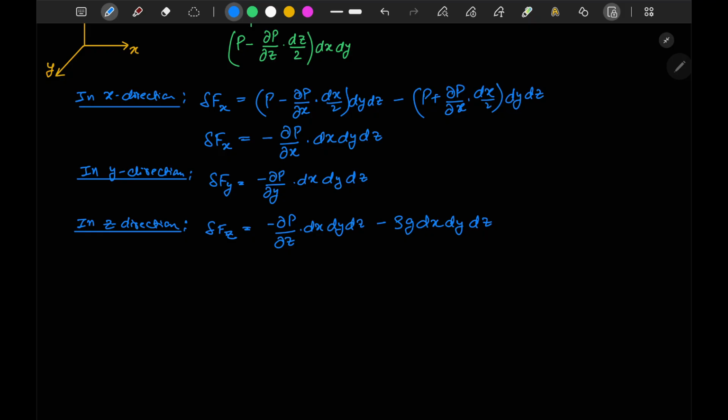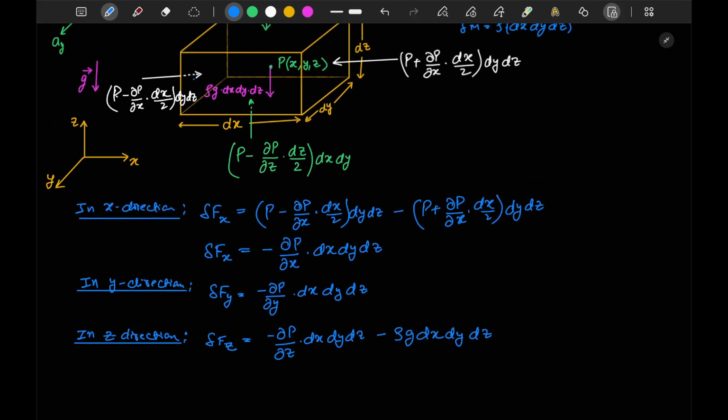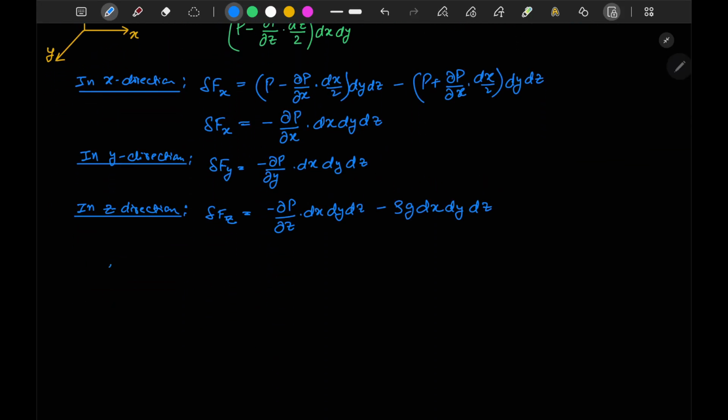So if I want to write the overall equation, the delta f vector, I can write it as delta fx i cap plus delta fy j cap plus delta fz k cap.